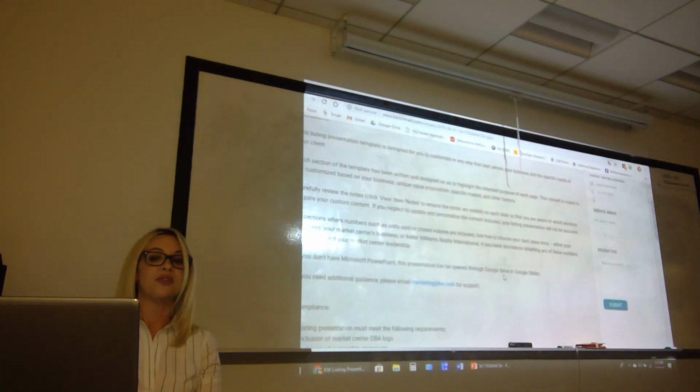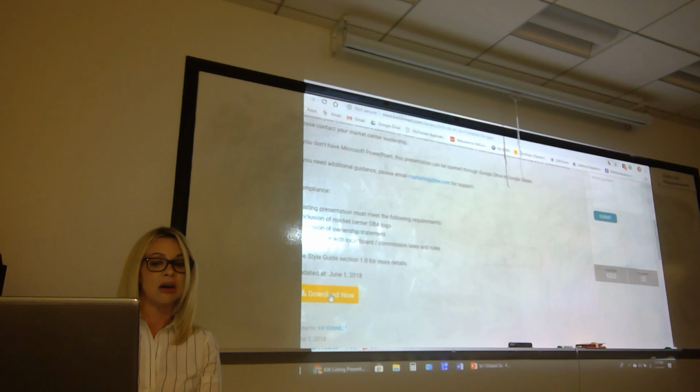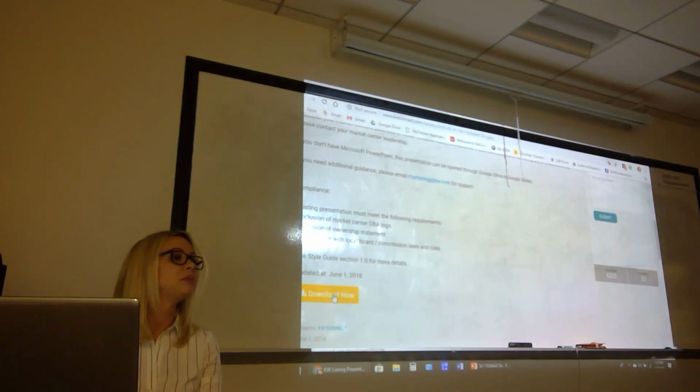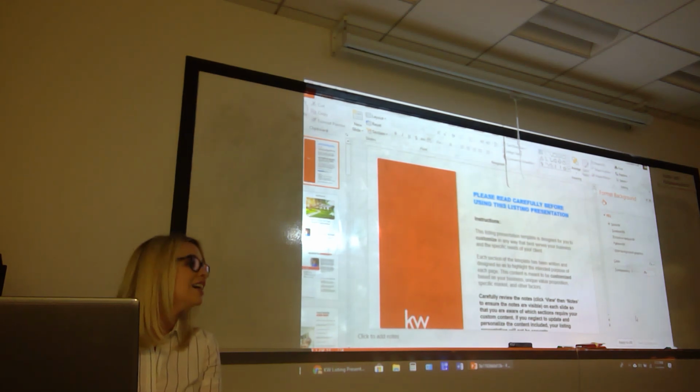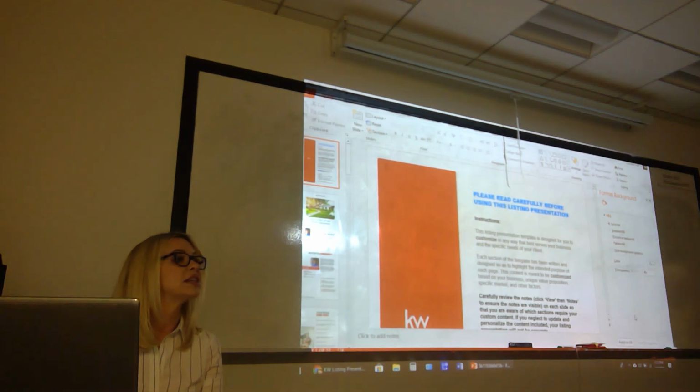There are two ways to access it. You can first download it, and if you have Microsoft Publisher and you click this download button, you will get a PowerPoint that's completely customizable, including all the graphics. If you do not have PowerPoint and you are a real estate agent, you should probably get it. But if you can't, you can import this into Google Drive. Everyone that has a Gmail account has a Google Drive.